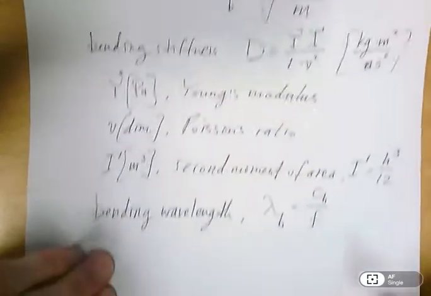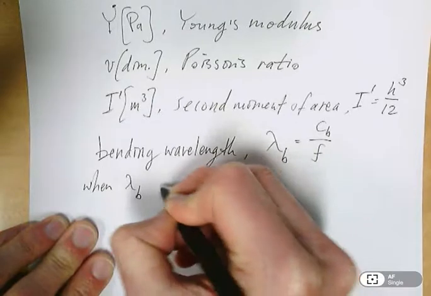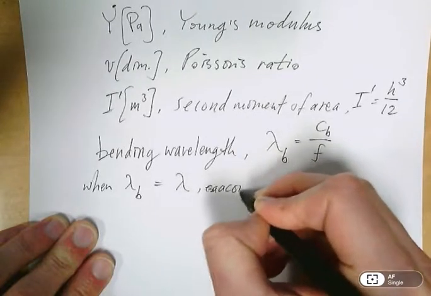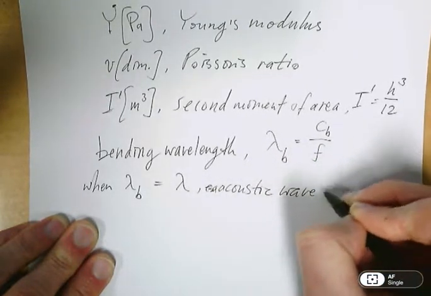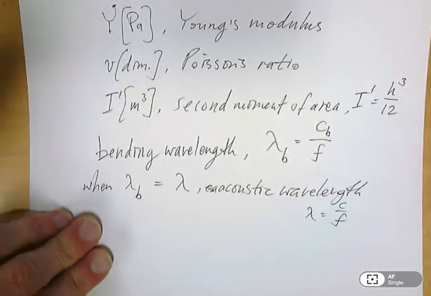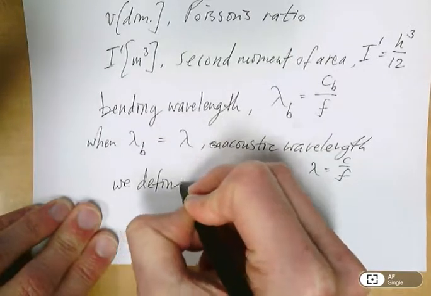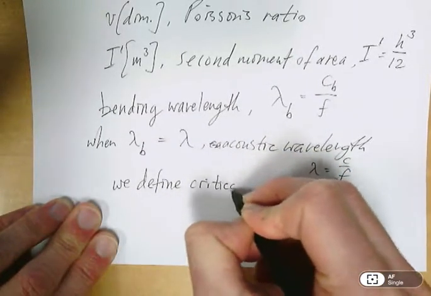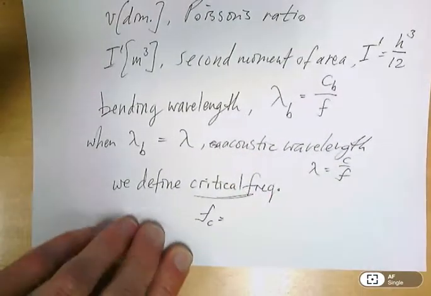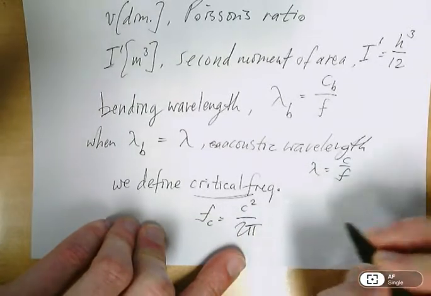So when this bending wavelength equals the acoustic wavelength, we have a critical frequency that we can define, which is denoted by c squared on 2 pi times root of m on d.